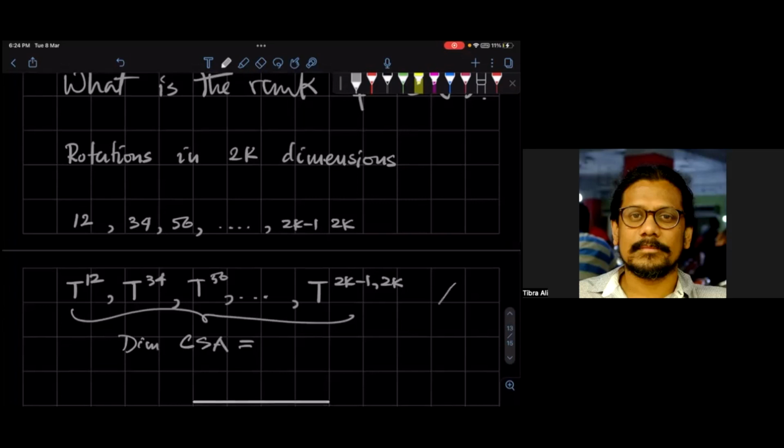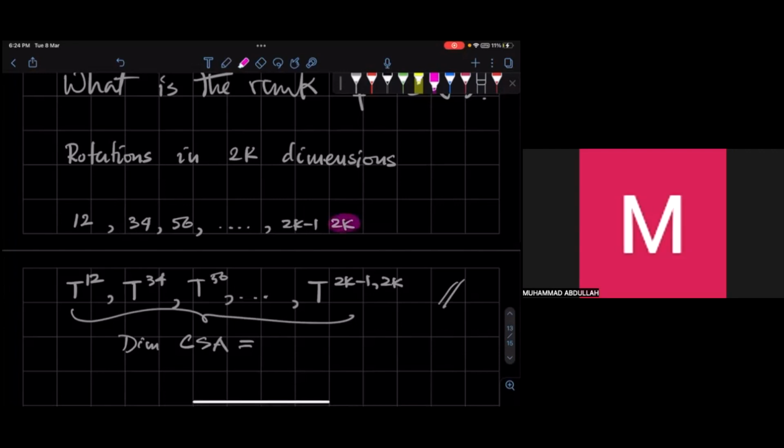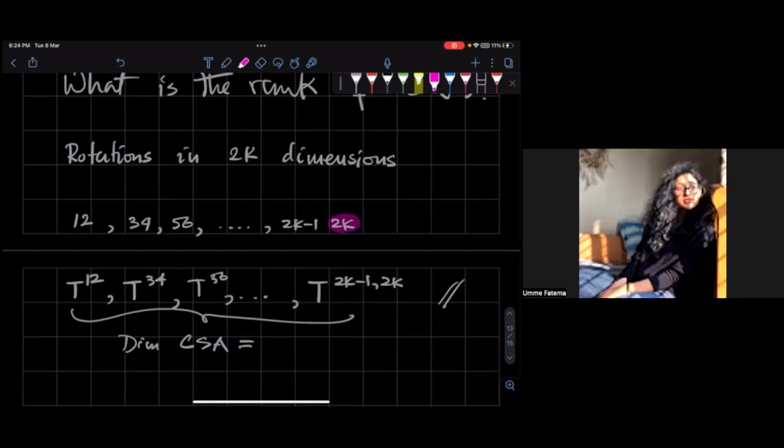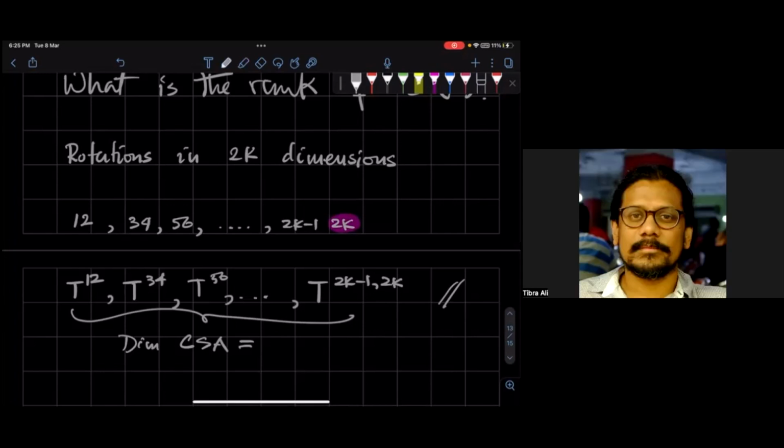How many generators are here? This index goes to 2k, and we are pairing up, having 2 in each. Exactly. So the dimension of the Cartan subalgebra is k.